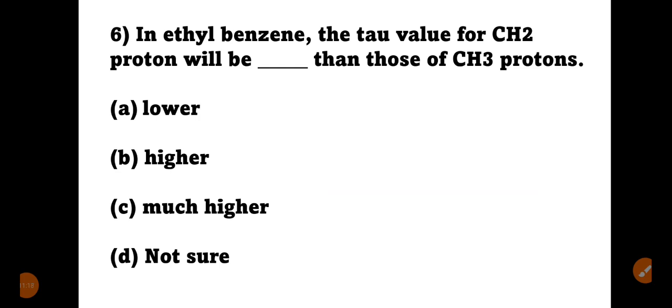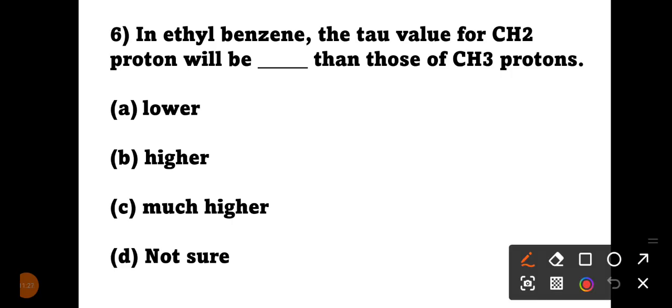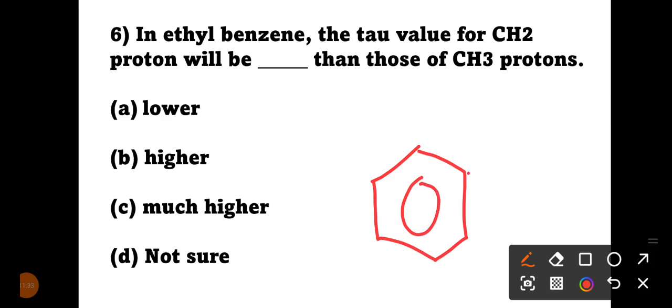Next, in ethyl benzene, the tau value for the CH2 protons will be dash dash than those of the CH3 protons, right? That is the structure of ethyl benzene. They are asking about this CH2.